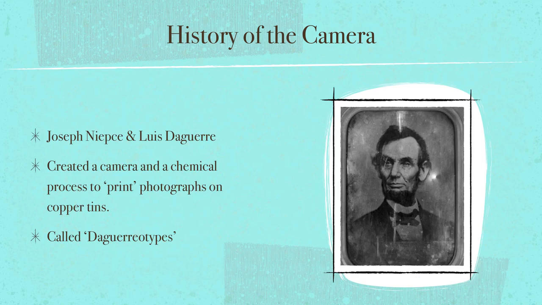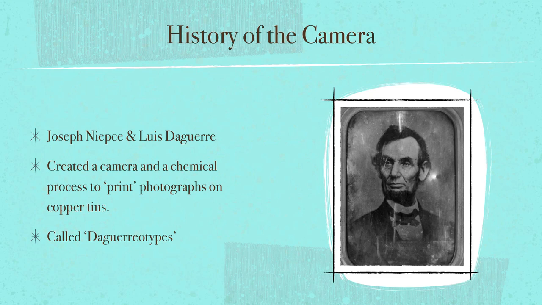Alright, so really the fathers of modern photography are Joseph Niepce and Louis Daguerre. They were both French artists, and Niepce, and I'm not exactly sure if I'm pronouncing that correctly, created the first image that was printed on a piece of copper tin.